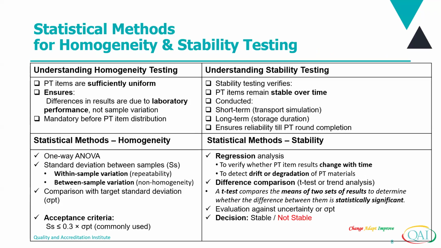However, we discussed a little bit about this statistical methodology in the earlier slides, which for homogeneity could be done through a one-way ANOVA, or there are other standards like SS we discussed before, within sample variation, between sample variations, and comparison with the target standard deviation. The criteria is also mentioned, like SS should be less than or equal to 0.3 times your SDPA.